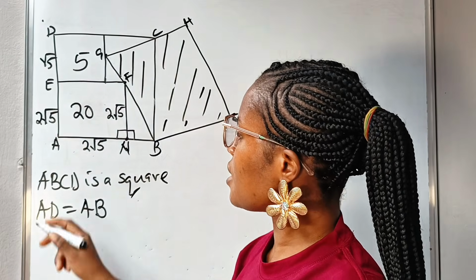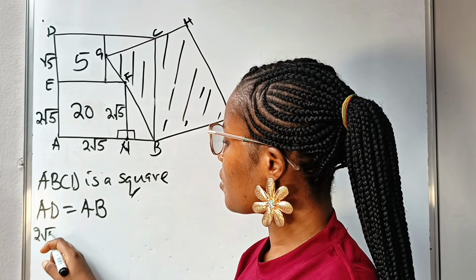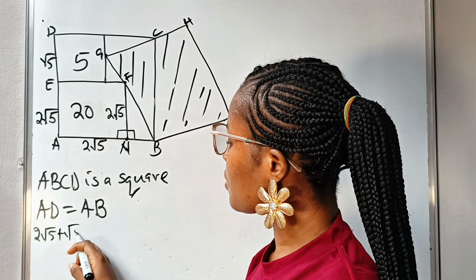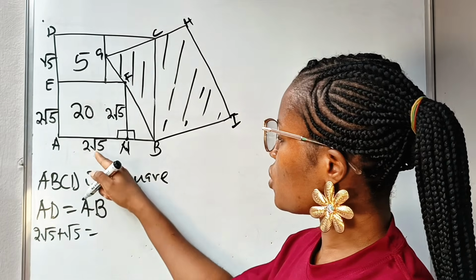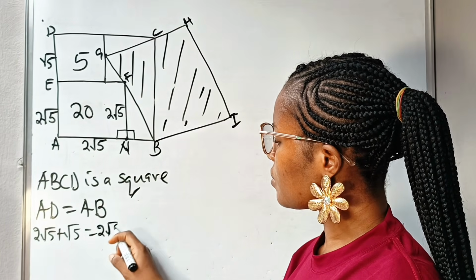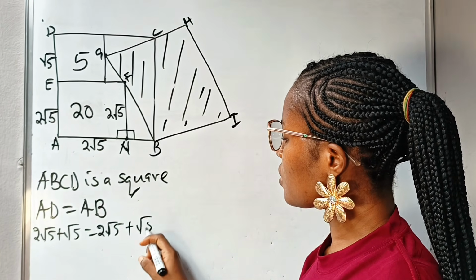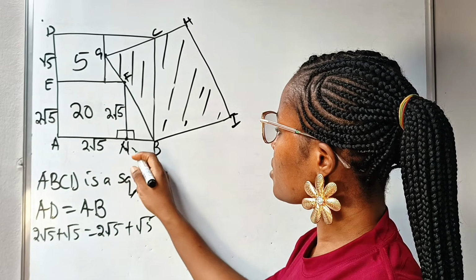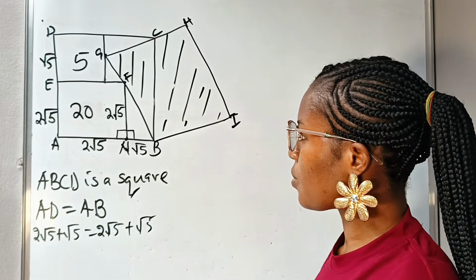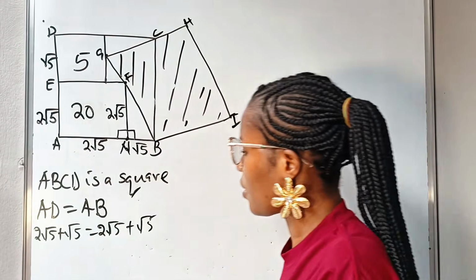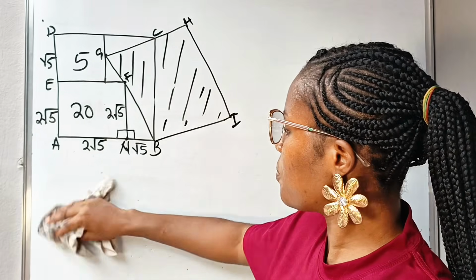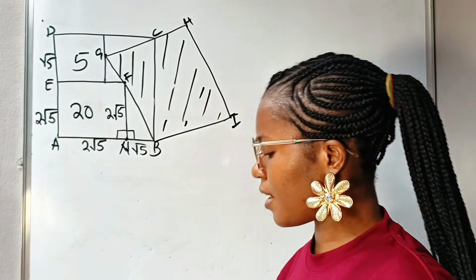So if AD is 2 root 5 plus root 5, then AB should be 2 root 5 plus root 5. So that means that NB is root 5 as well. Okay, so we keep putting one or two things together.